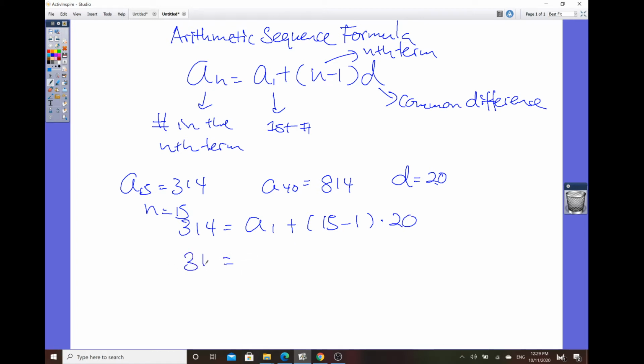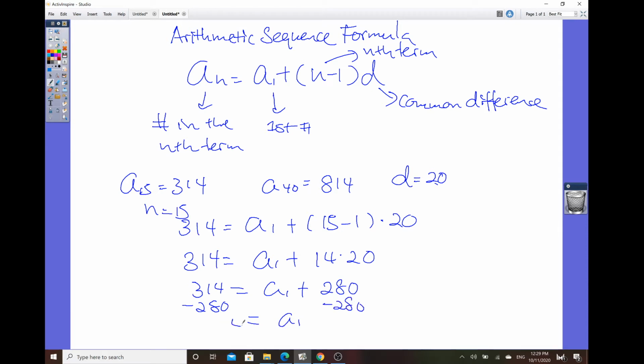We have 314, a sub 1 we don't know, so 14 times 20 is 280. So 314 minus 280 gives us 34. So 34 is a sub 1.